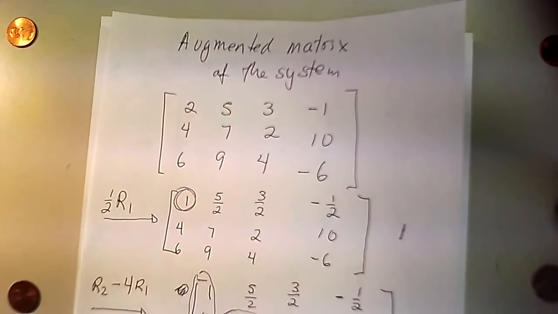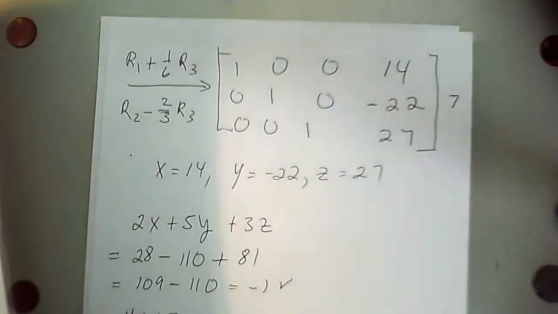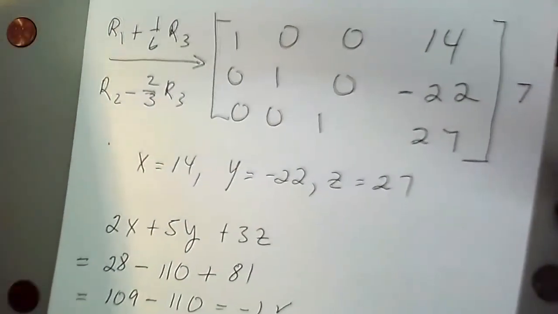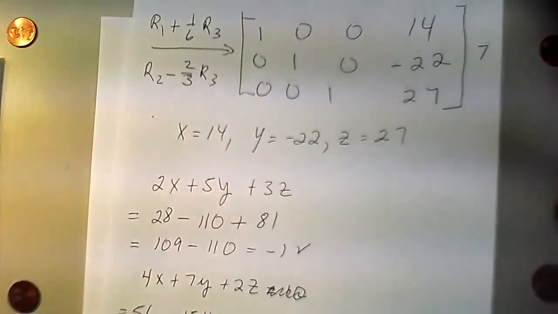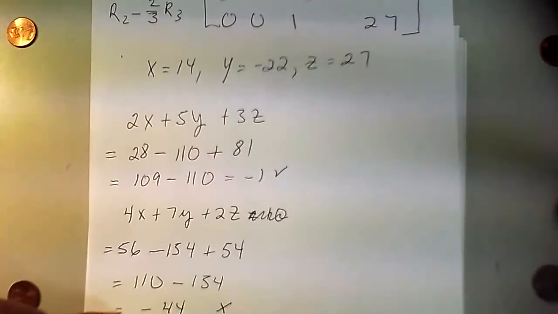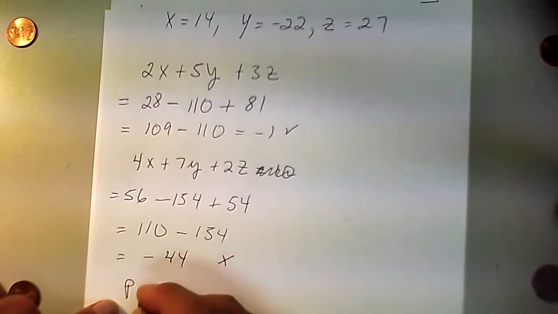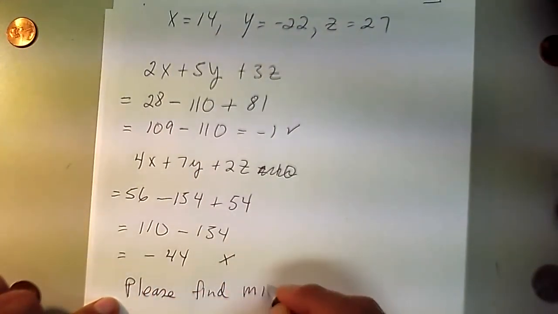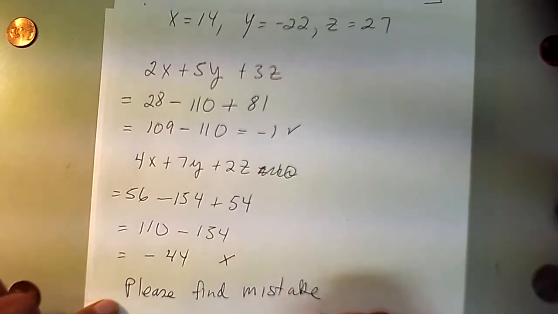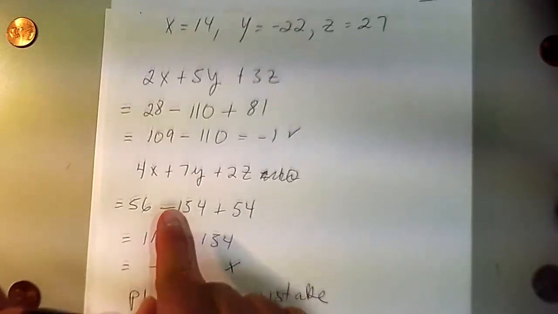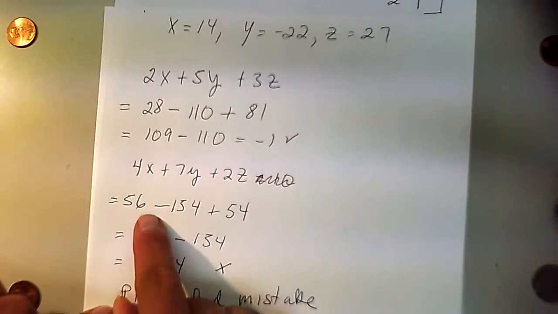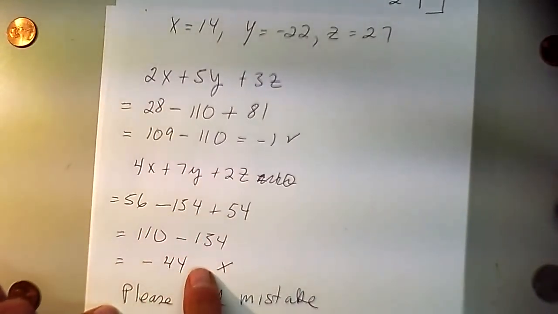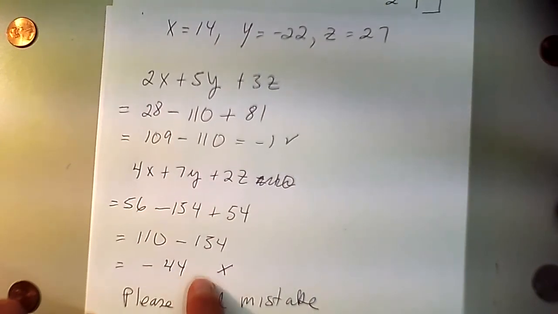So as part of the homework for this video, please find the mistake. It doesn't work because the numbers don't work, because when we plug into the second equation of the original system of equations, we don't end up with 10.